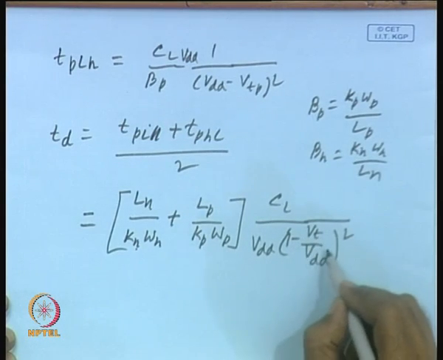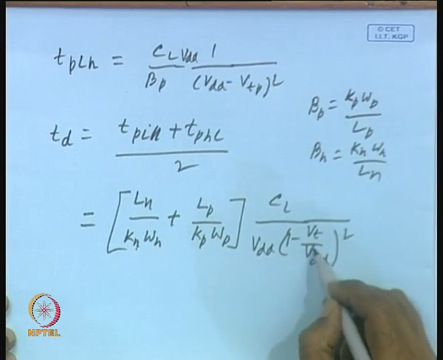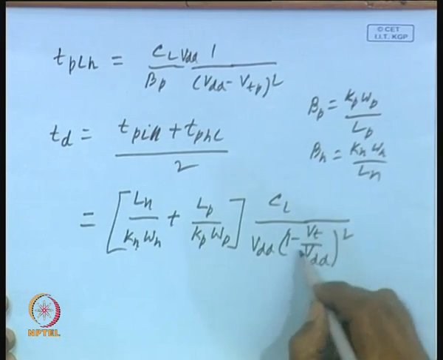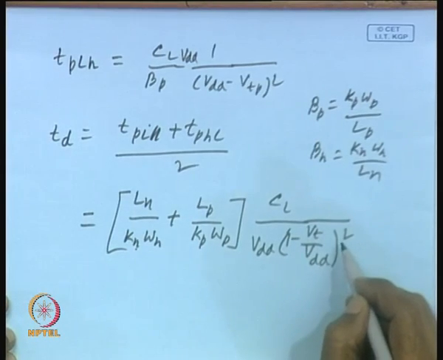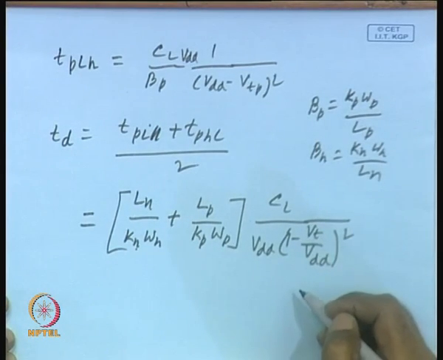So, when this particular part is very close to 1, the denominator will have a very small value, and the square of that will have a still smaller value, and then the delay will be very large. That means when the supply voltage is close to the threshold voltage, delay increases dramatically.